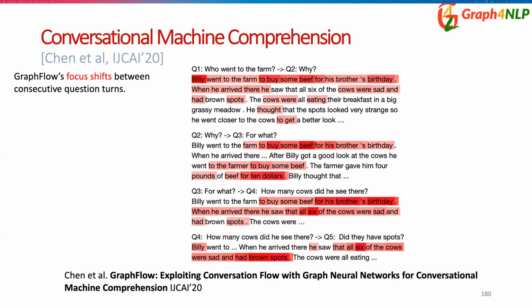This is potentially because as the focus shifts, the model finds that the context chunk relevant to the previous turn becomes less important, while those relevant to the current turn become more important. So you can see the changes as the conversation flows.